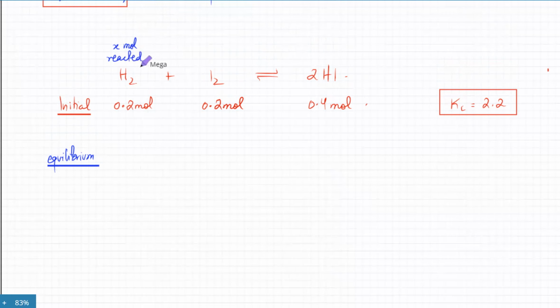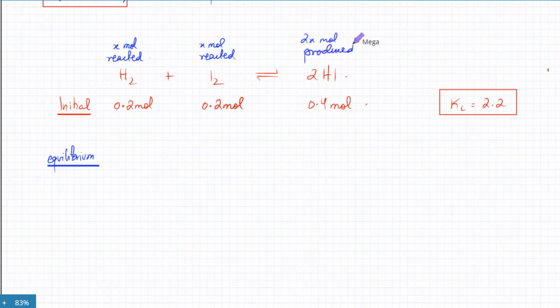So if X moles of H2 have reacted, since it's 1:1, that means X moles of I2 would have reacted along with it. And if 1 reacts with 1, it produces 2 HI. So according to the ratio, on the other side, 2X moles would have been produced.